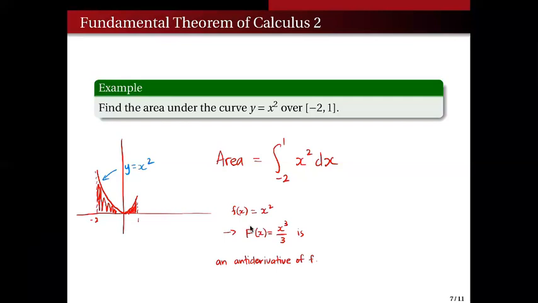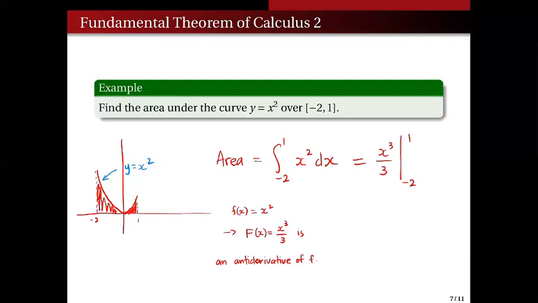If you don't believe me, just get the derivative of capital F, and you should get this small f of x. And therefore, by the fundamental theorem of calculus, this is simply x cubed over 3 evaluated from -2 up to 1.